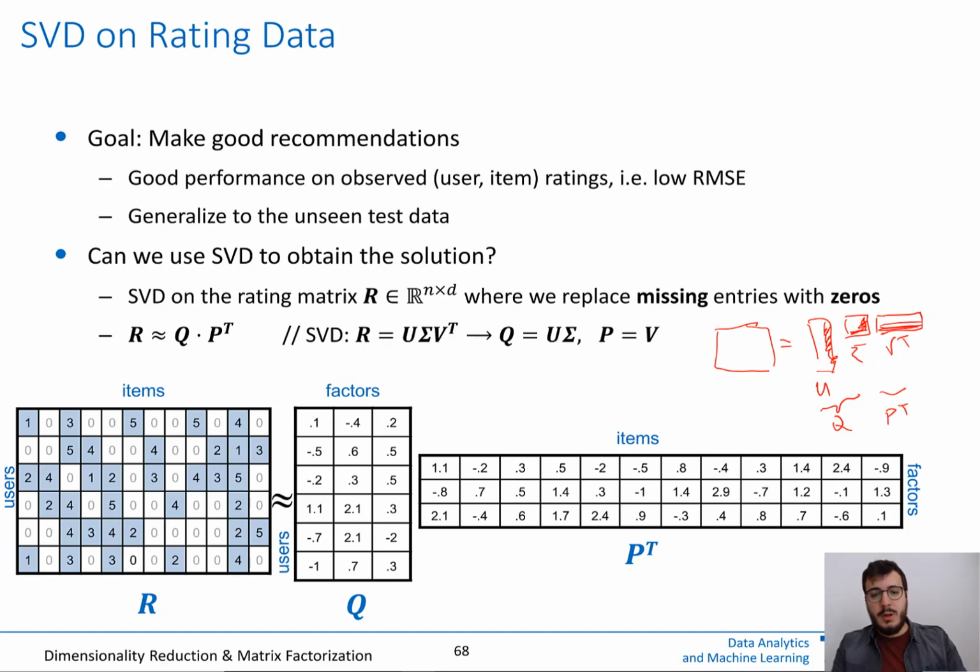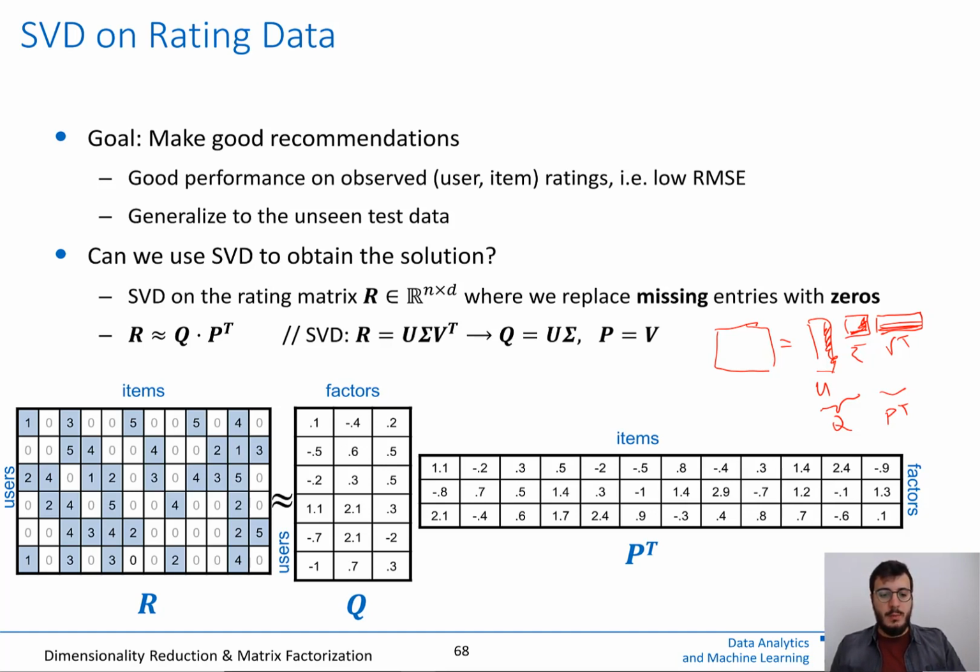The way you can think about this is, given a matrix of ratings with zeros filled in, we've decomposed it into 2 other matrices, Q and P transposed, where the Q matrix is a user to factor matrix, or a user to concept matrix. We gave this example in the SVD video, where each of these factors corresponds to some latent movie concepts. And similarly, the P transpose matrix is an items to factors matrix.